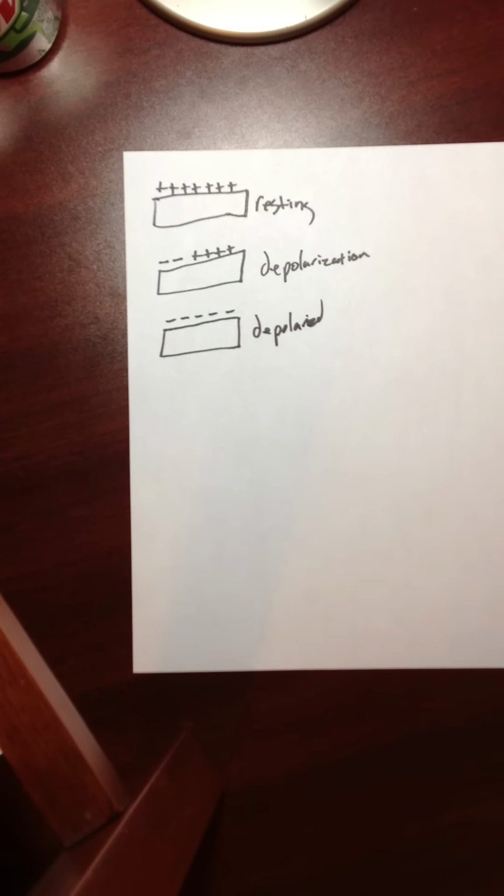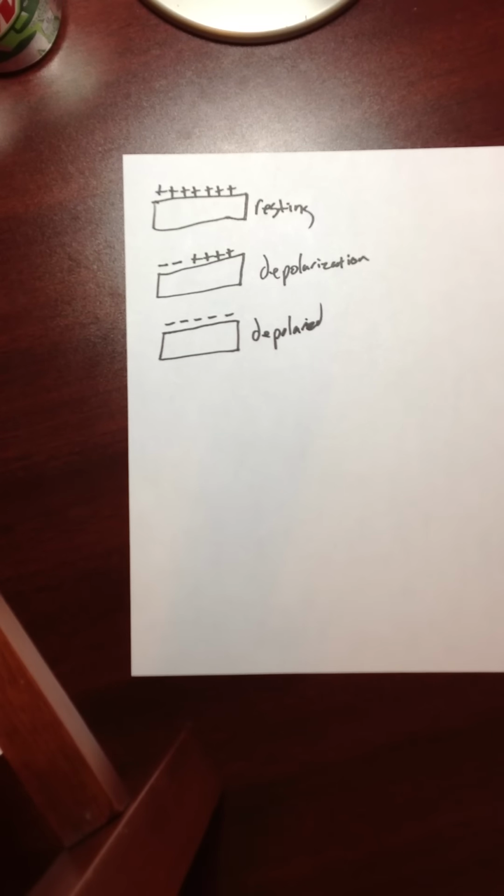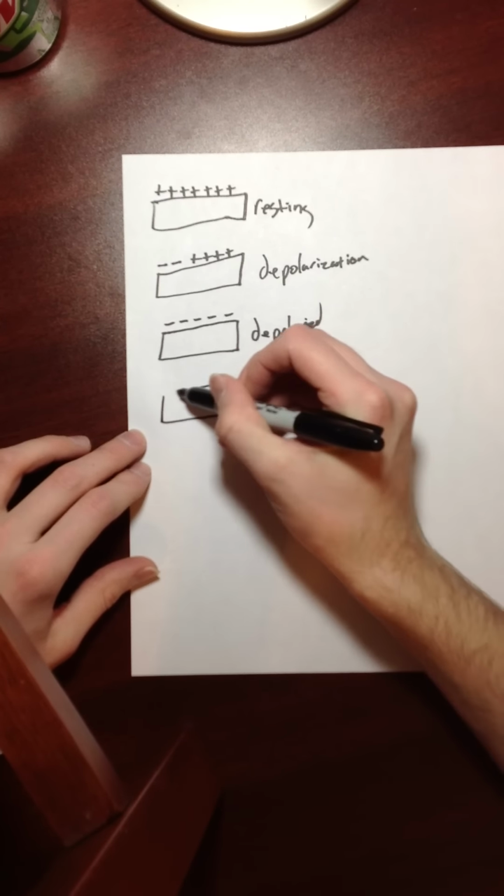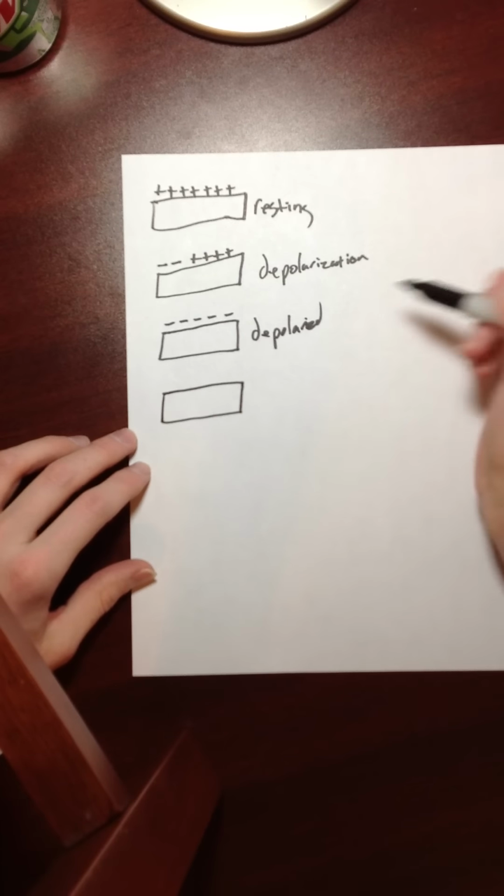Okay, so anyways, how much current do we have here? Well, if you're saying that this almost looks like the resting over here, you'd be right. There'd be no current here because there's no moving charge. It's just sitting here.